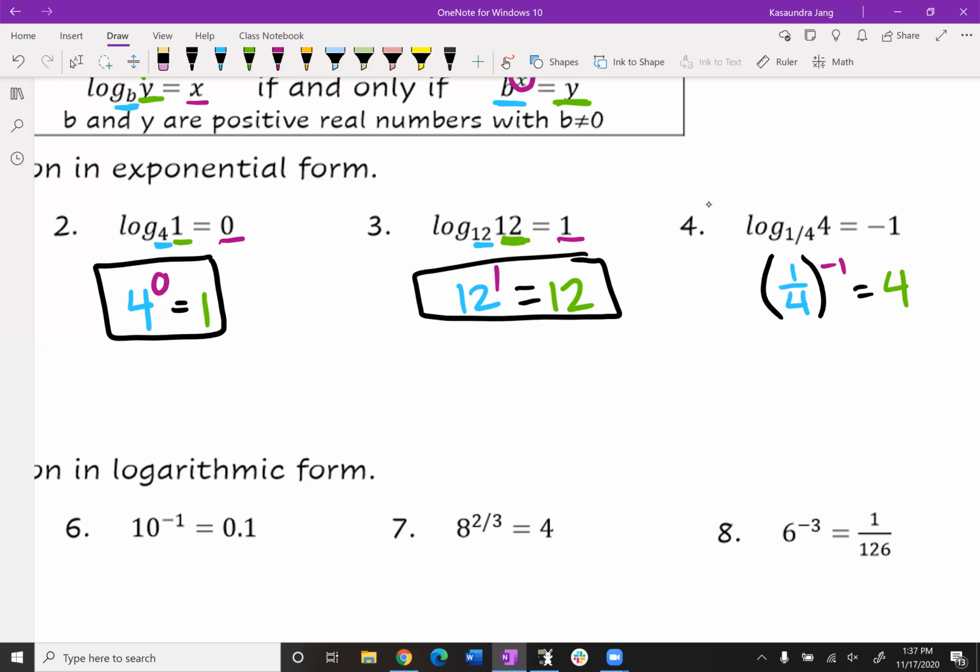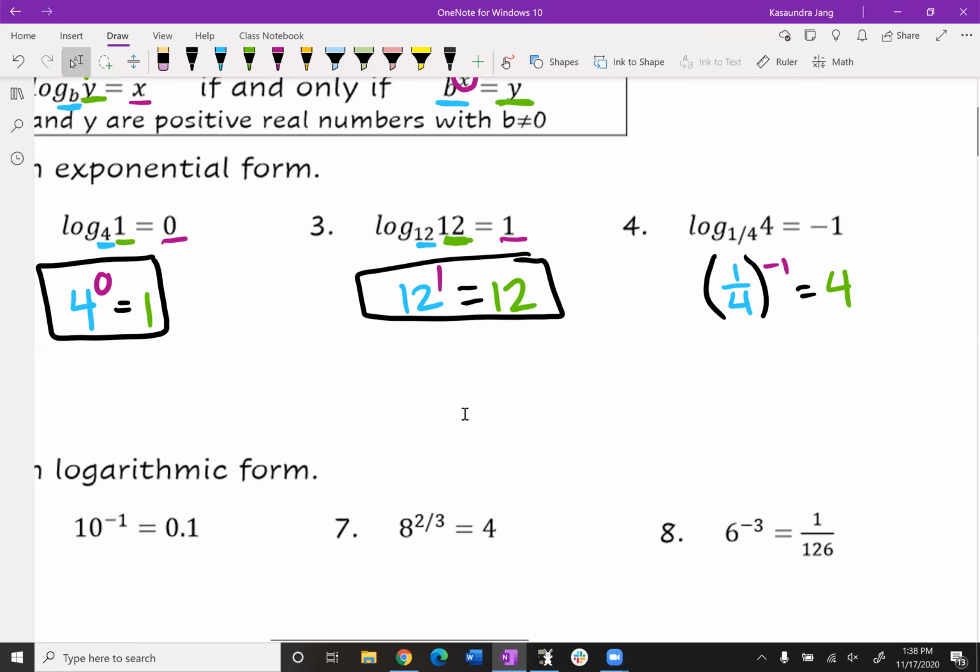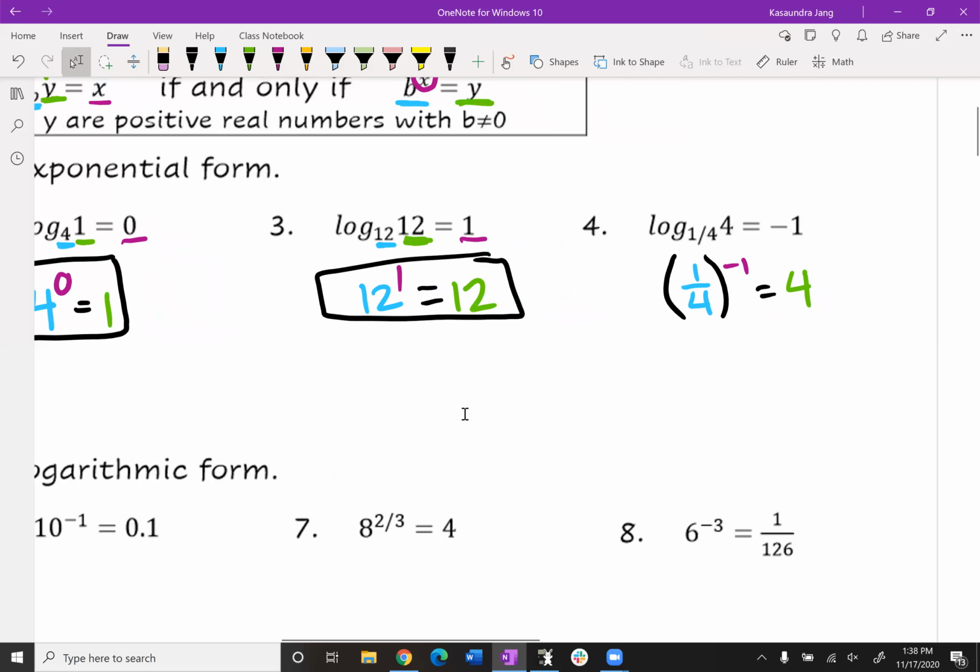Abigail, can you describe what a negative exponent does? I don't know. Not entirely sure. All right, so Sally, can you explain it to us, and then Abigail will come back to you? Negative exponent? Yeah, what do negative exponents do?